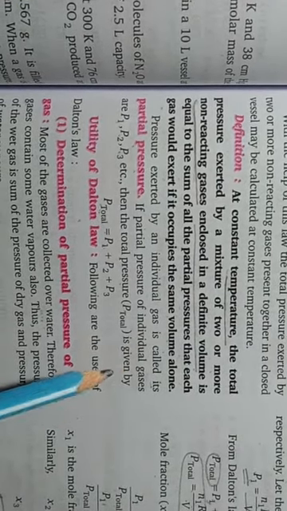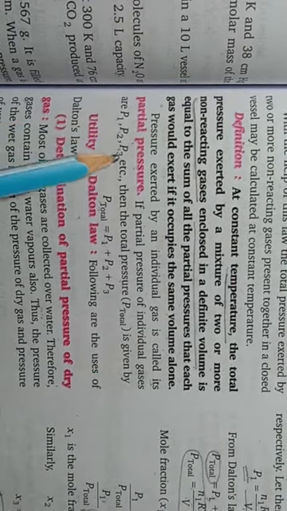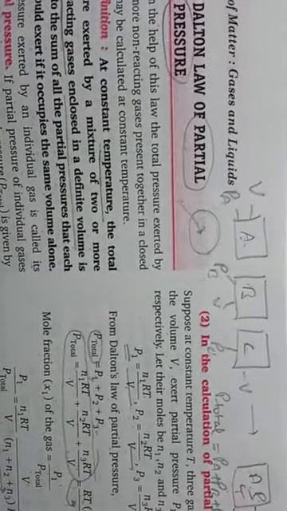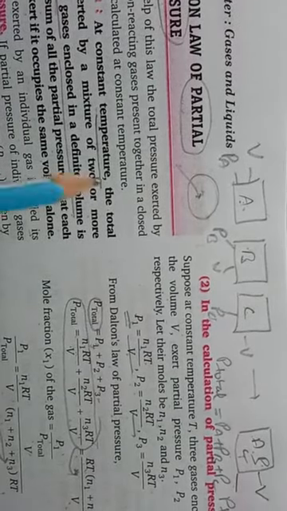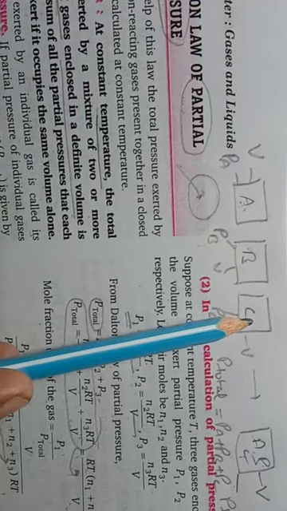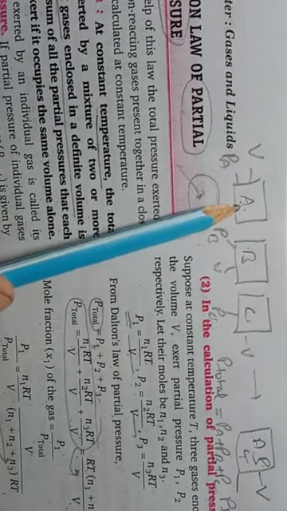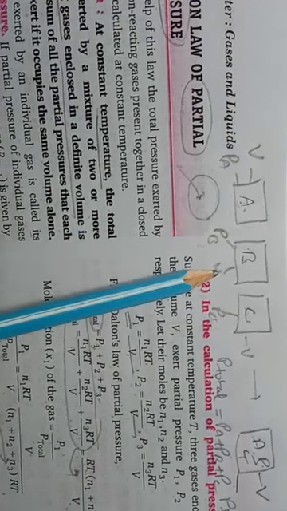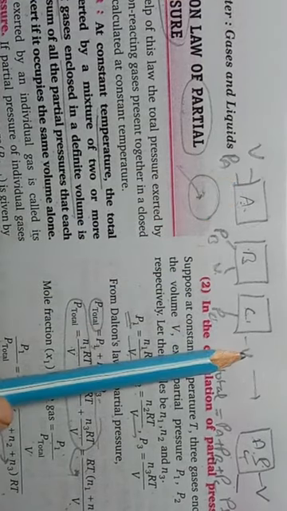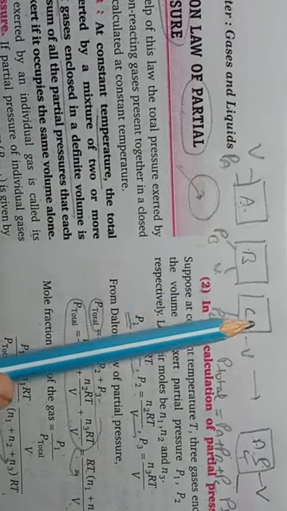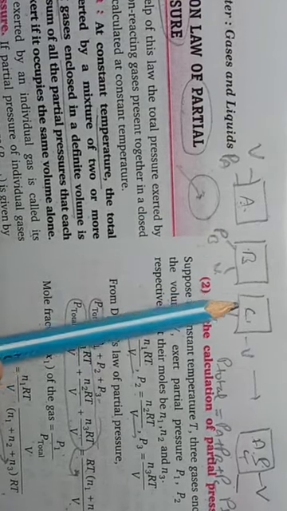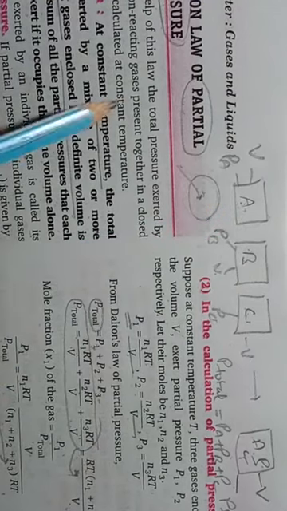Okay, so it means if we have more than one gas, say three different gases A, B and C, kept in a vessel of volume V. All the vessels have the same volume V, and three different non-reacting gases A, B and C are kept individually in them.